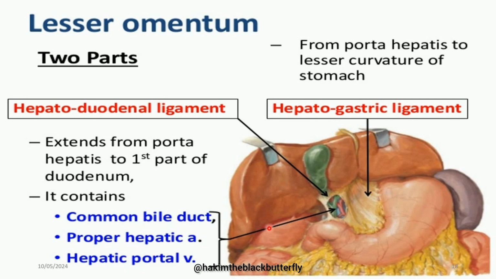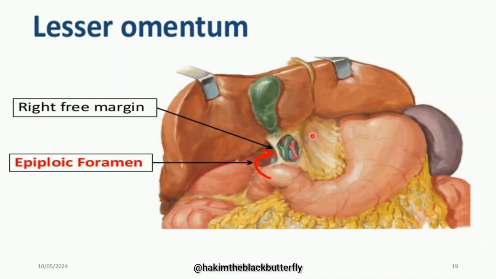And the hepatic portal vein, which is transporting nutrients to the liver. So these three structures are going to be within the hepatoduodenal ligament, which is part of the lesser omentum. That's important. So that's the lesser omentum.